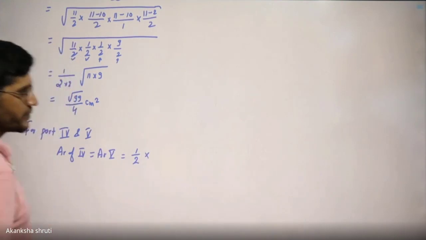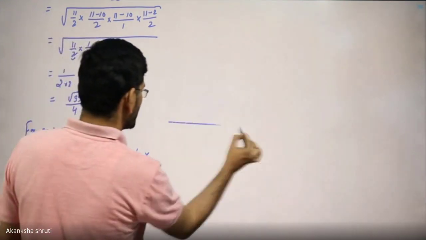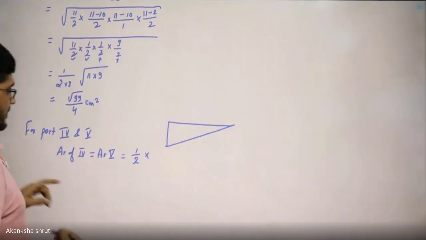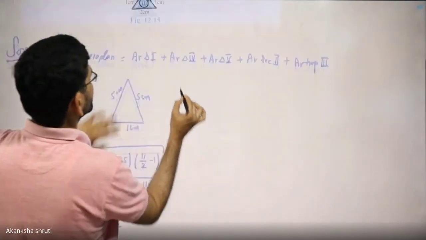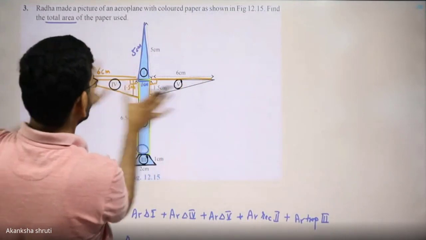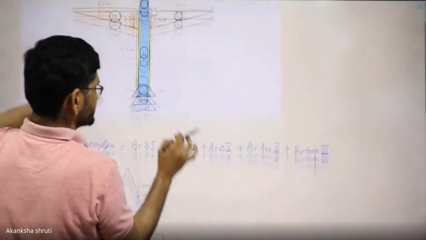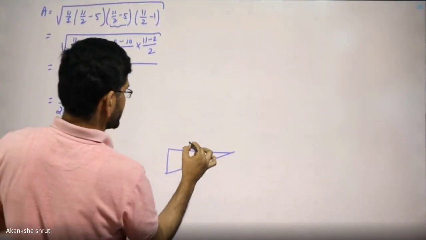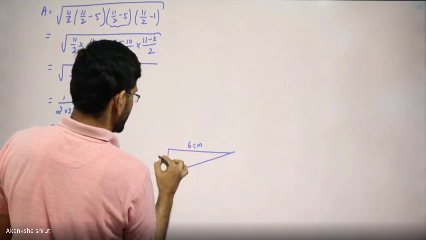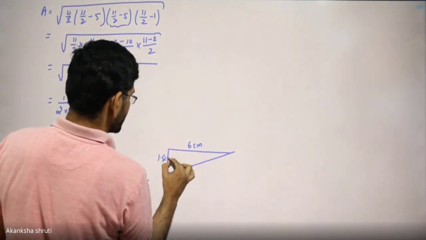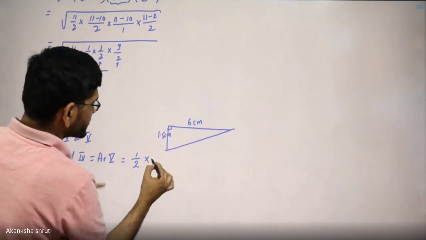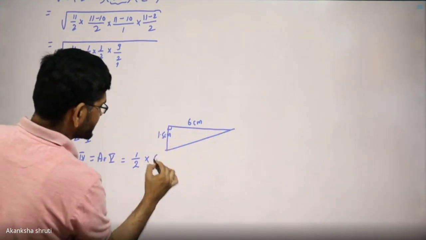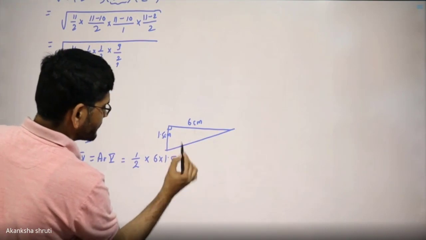It is half into base into height, because in a right angle triangle also, I told you, area of triangle can be quickly calculated using half into base into height. If you have a doubt, you may draw it separately. Keep in mind, we are considering just this part, it is 6 and it is 1.5. So it is 6 centimeter, 1.5 centimeter, and this angle is 90 degree. So half into base 6 into 1.5.